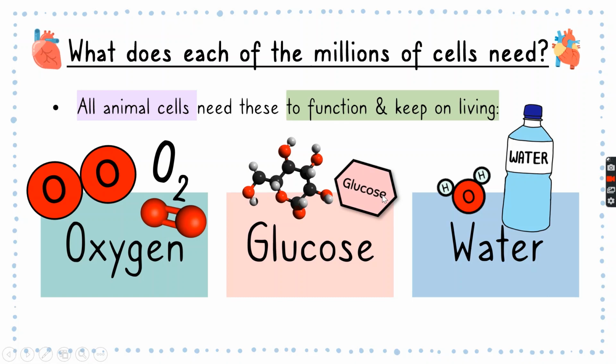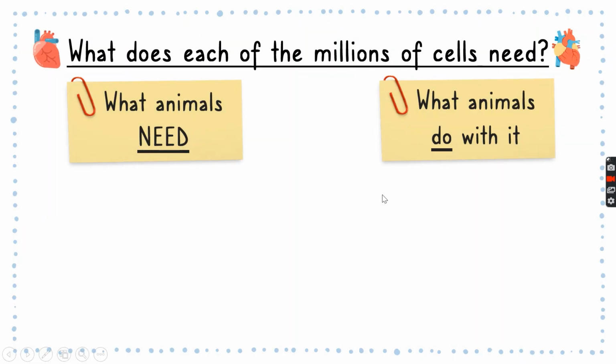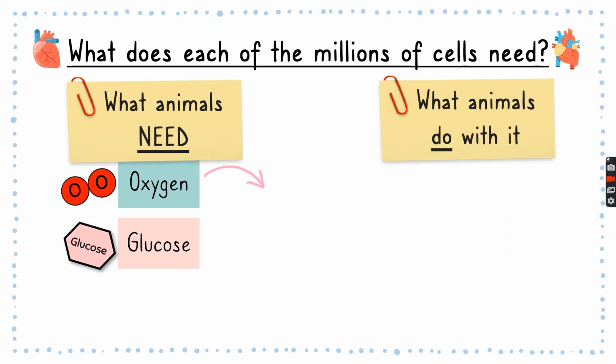So now we're going to talk about why these things are important. Let's try to compare what animals need and what animals do with it. As for oxygen and glucose, oxygen is going to be absorbed and used in the mitochondria of the cell.